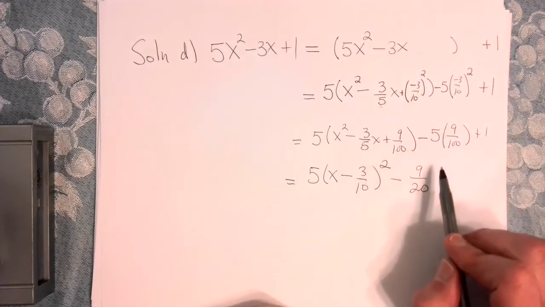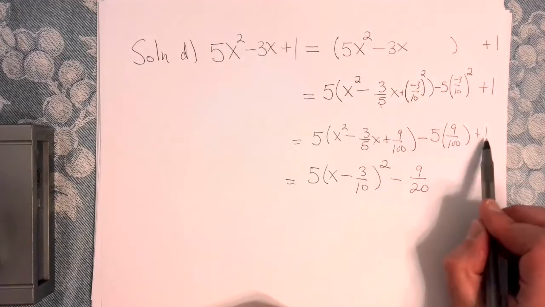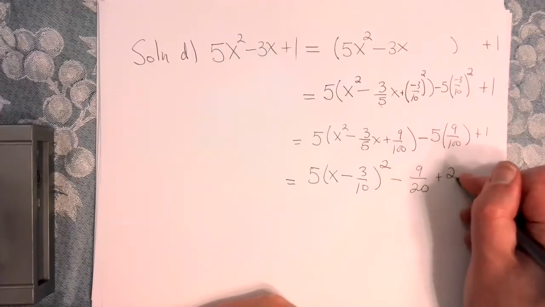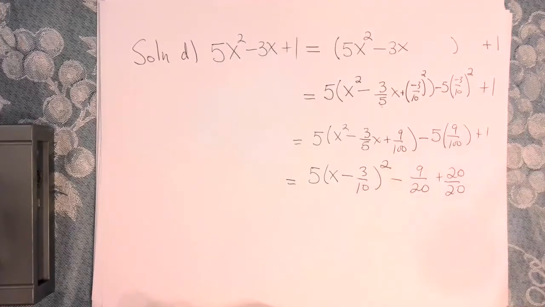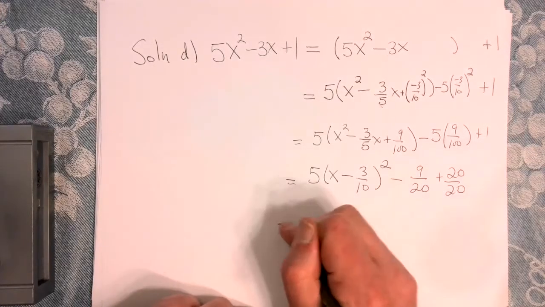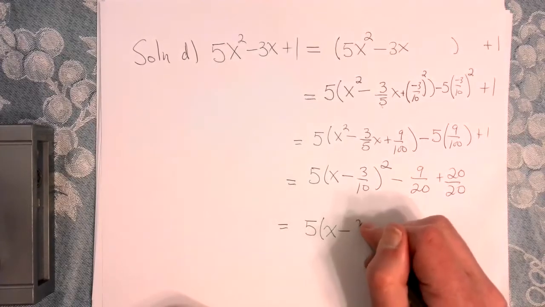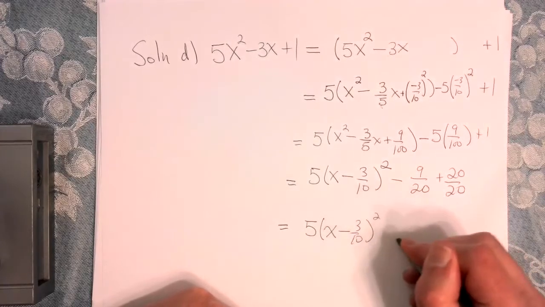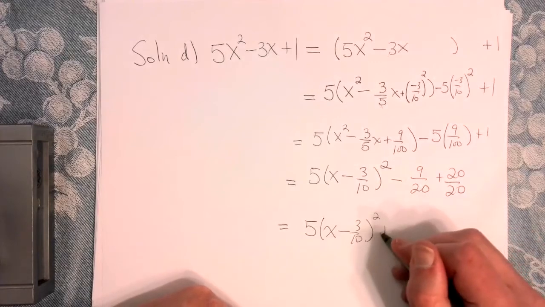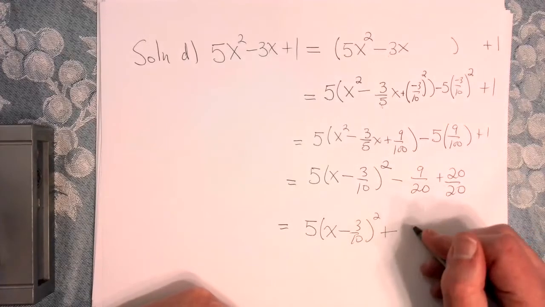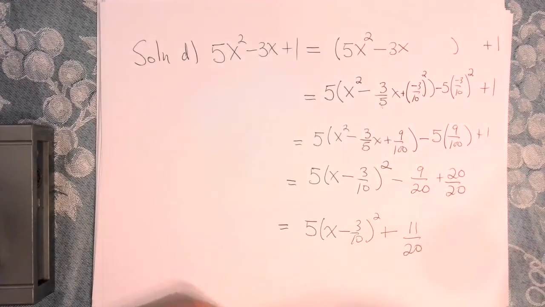So that'll be 9 over 20 when I reduce. And then 1 I can write as plus 20 over 20. And so we get 5 times x minus 3/10 quantity squared. This will be plus, looks like 11 over 20.